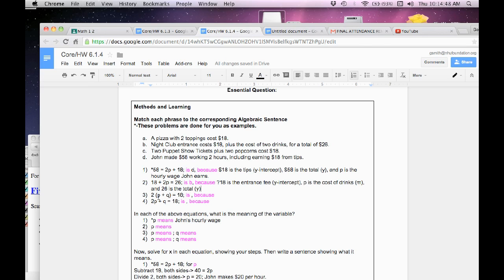Okay, good. 2 times P plus Q equals 18. So one thing plus another thing times 2, because I guess there's 2 of each of them, equals 18. That sounds like the puppet show tickets and the popcorn.